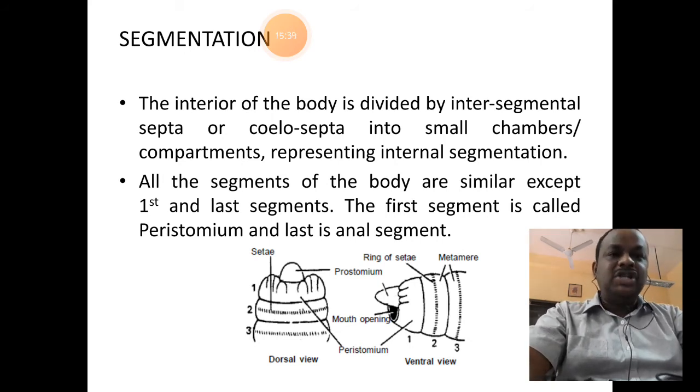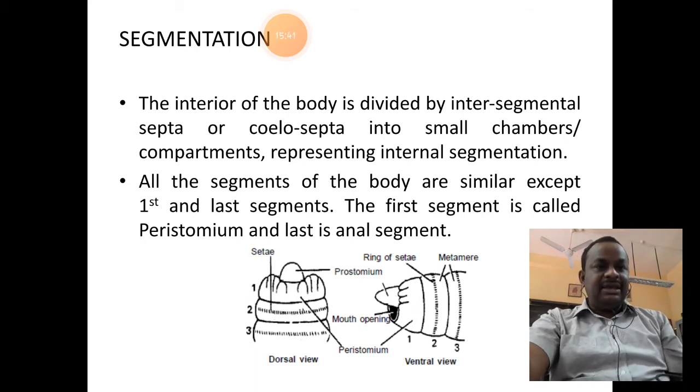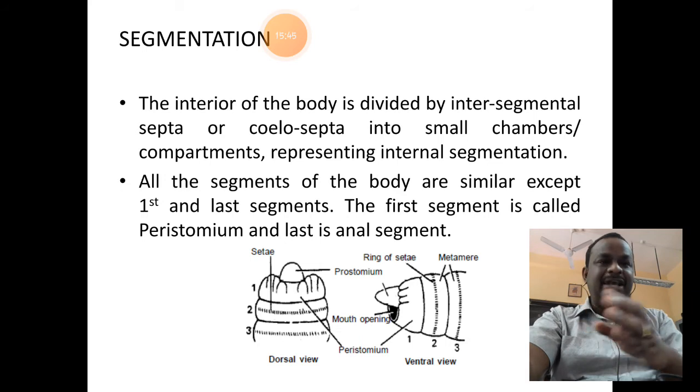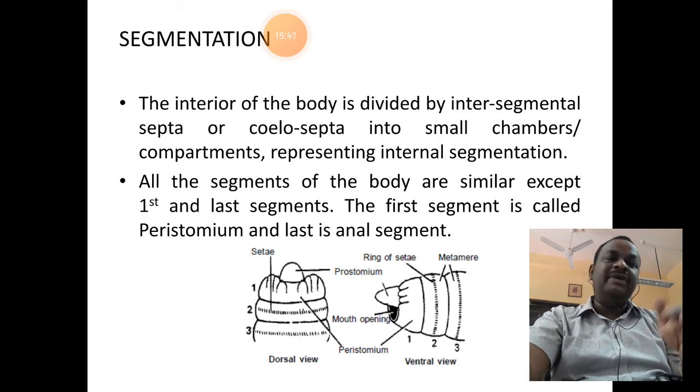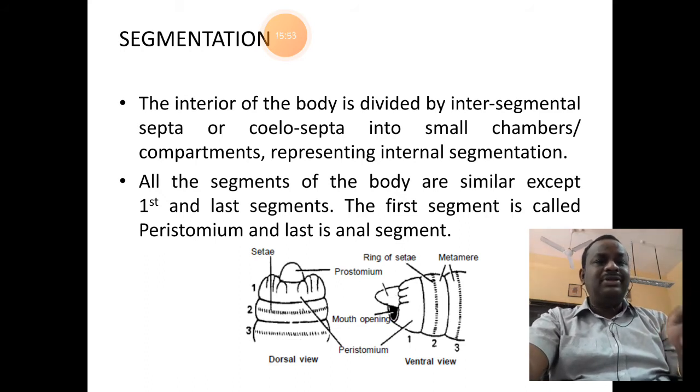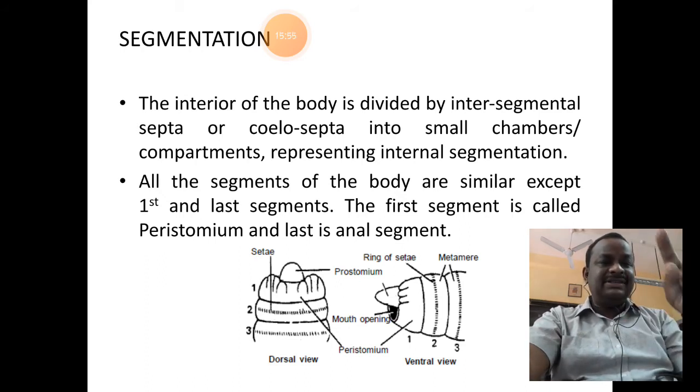Students, in the diagram, the dorsal view is the first, left side part of the diagram, and the ventral view is the right side part of the diagram. You can see both representing the first segment called peristomium. Remember, peristomium forms the first ring-like segment of the body at the anterior side.